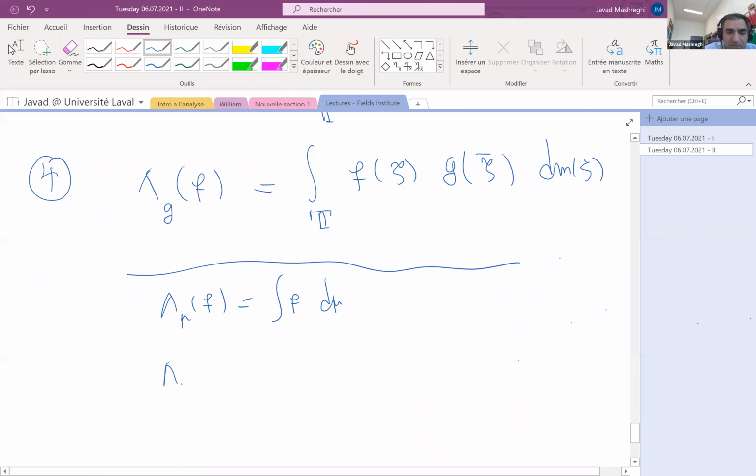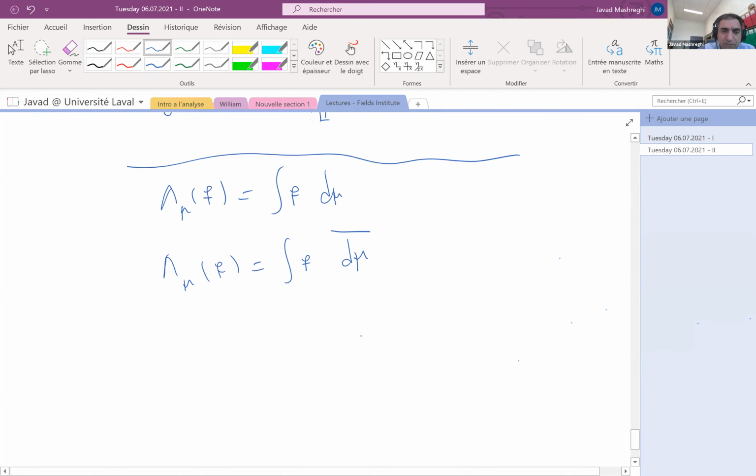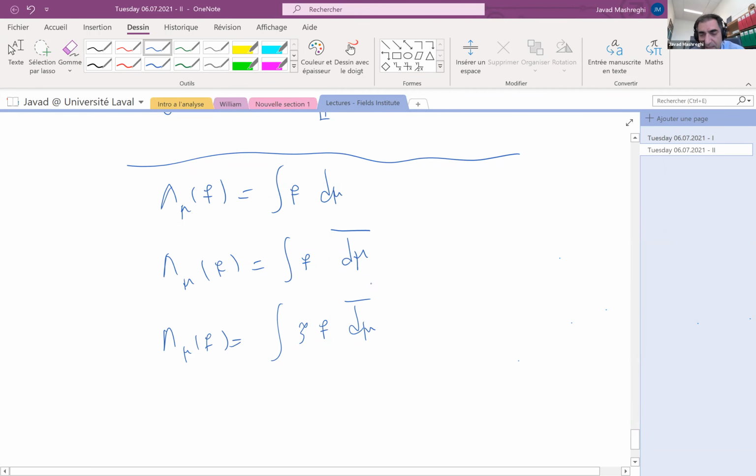Sometimes it's better to define lambda mu of f as the integral of f d mu with a bar here. It exists. If you look at the papers, you see such definitions. Or put a zeta: lambda mu of f is the integral of zeta f d mu or d mu bar. All these variations exist in applications.